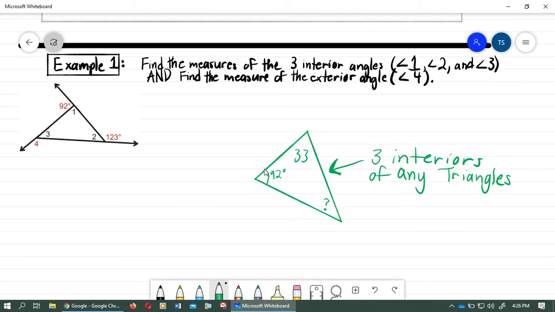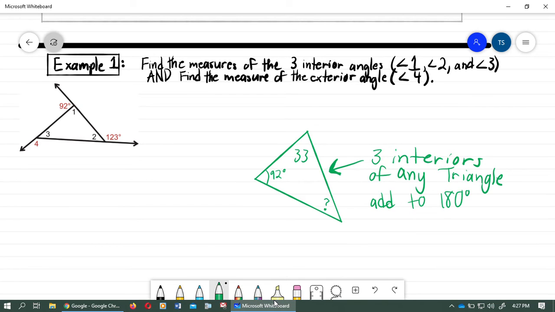Now, guys, that information is still going to be used here, but it is going to be used also with the new information that we just shared with you about exterior angles too. But again, the 3 interior angles of any triangle always add to 180 degrees. We'll use this info right here, but we'll also use the info that we just now shared with you.